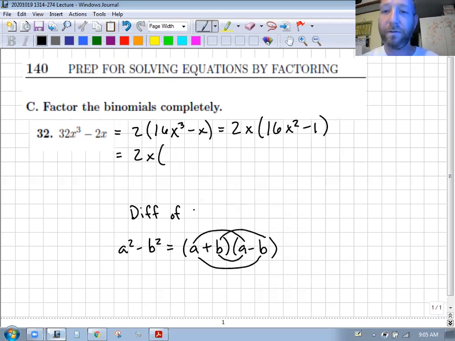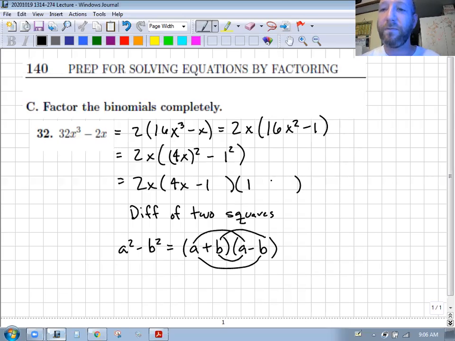So difference of two squares. If you notice in here, the 16x squared, that's 4x squared, right? And 1 is the same as 1 squared. So we can factor this guy as a 4x minus 1 and 4x plus 1.